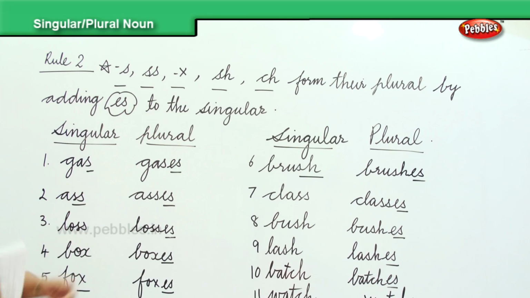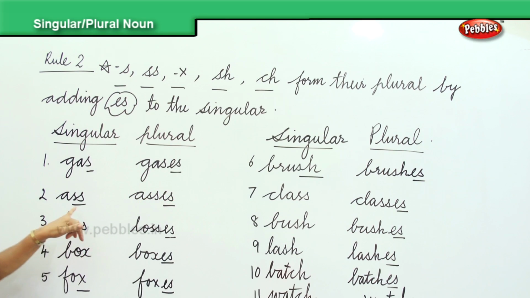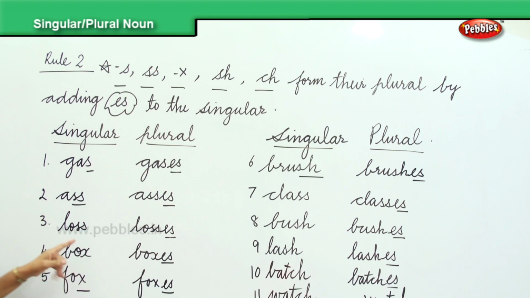Gas, gases. Loss, losses. Box, fox, ending in x, you add es. So you get box and boxes.